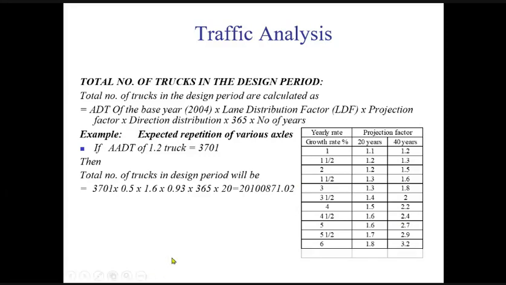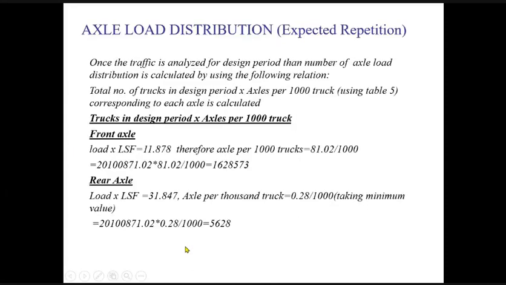Now, once you calculate this, you have to distribute the traffic in terms of the axles. What is the load on the front axle, and the other is the rear axle. This is in contrast to what you were doing in the flexible pavement design, the PCA method, in which you were taking the load on each axle and then summing the traffic.